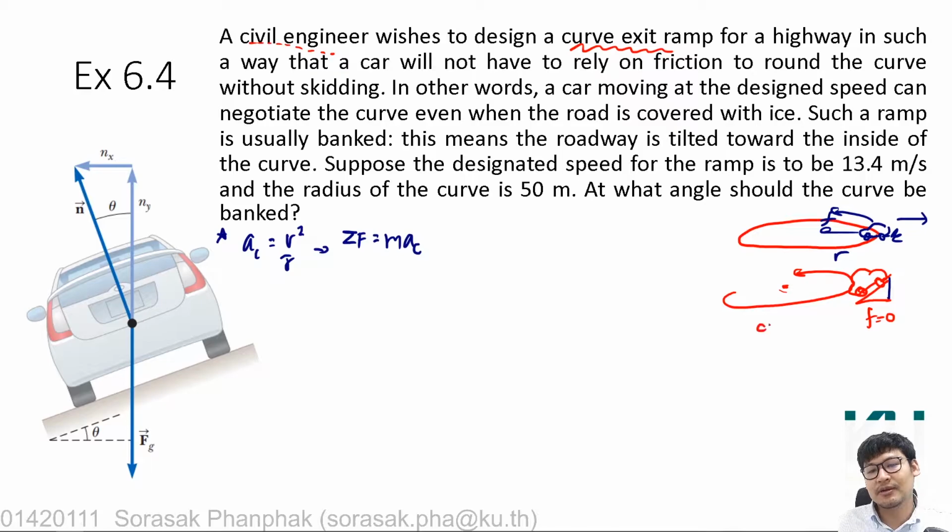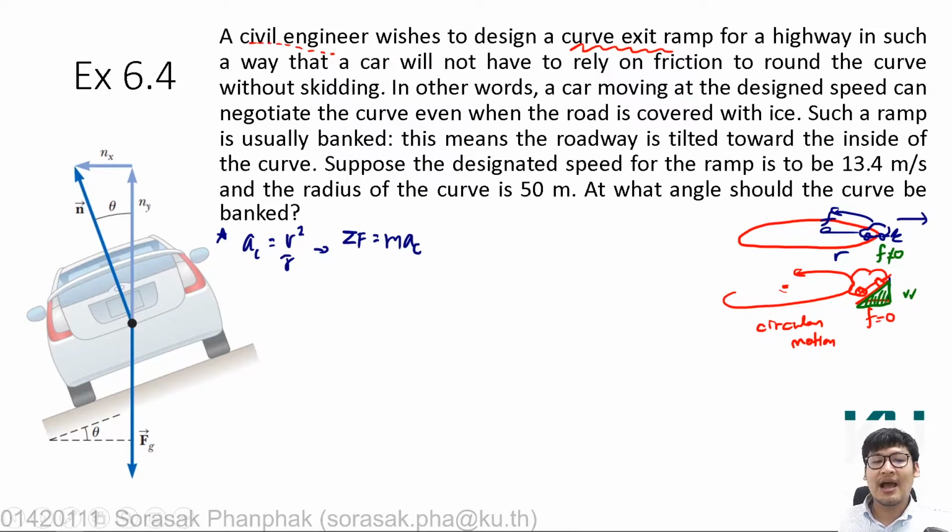So this is still a circular motion. This one has friction, but this one has no friction, but you have this ramp instead.